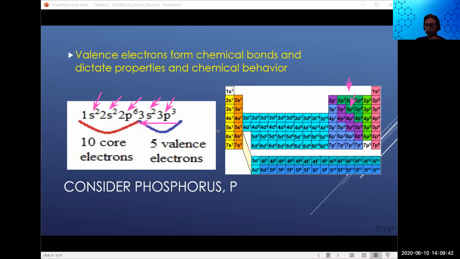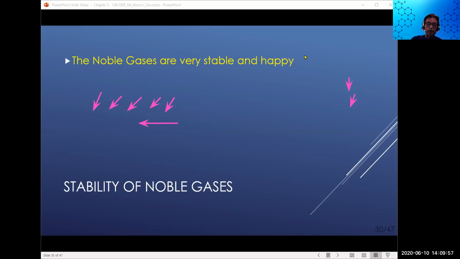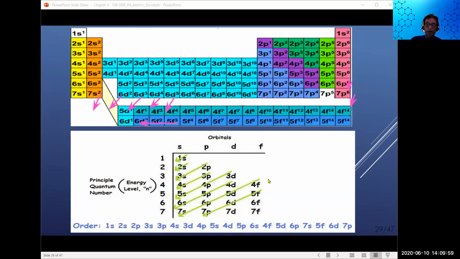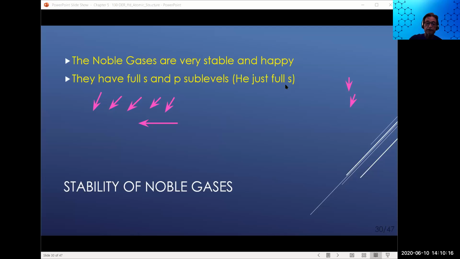Also, by finding an element on the periodic table, we can write out the electron configuration, or alternatively, we can use that table right here to help us sequentially write the electron configuration. I prefer to use the periodic table because I don't have to memorize the sequence, because the periodic table by default just tells us everything.